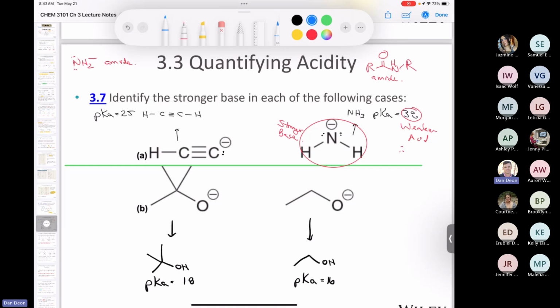And so since this is the weaker acid, we'll put weaker acid. Therefore, this is going to be our stronger base. So you see how memorizing pKa's can really get you out of a bind.